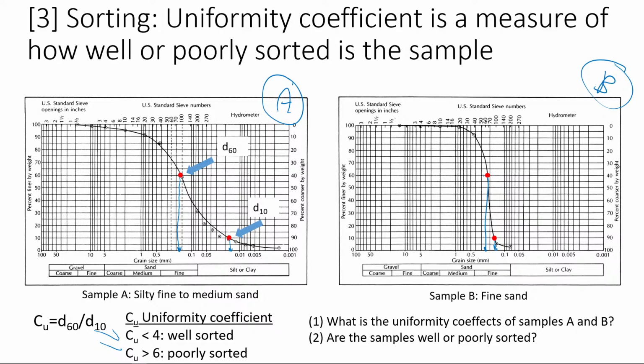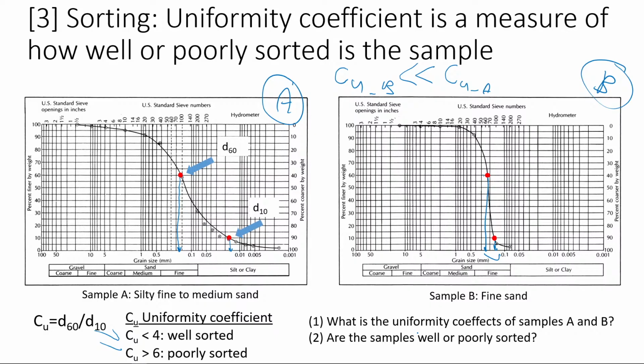Without doing any calculation, I can tell you that the uniformity coefficient of sample B would be much smaller than the uniformity coefficient of sample A.